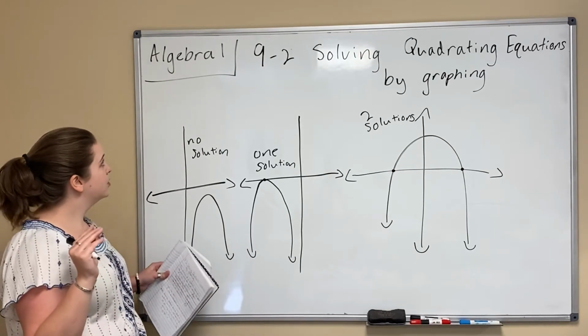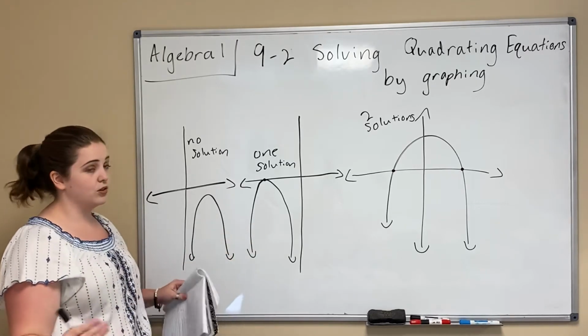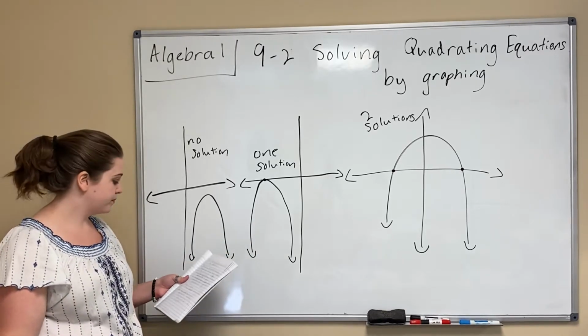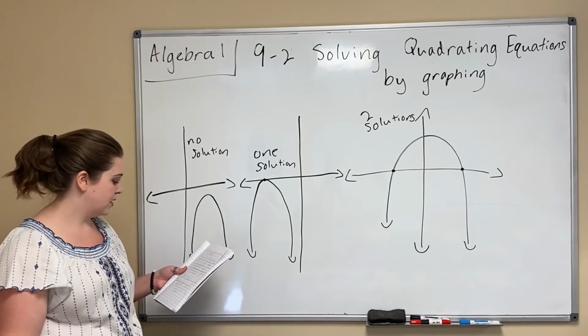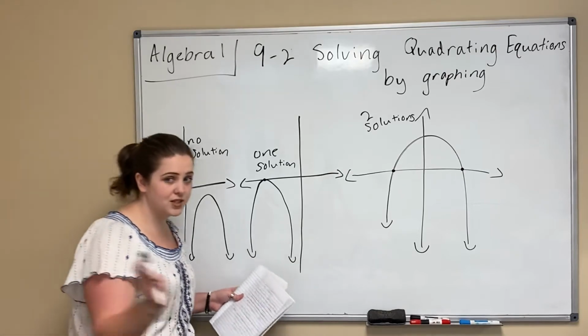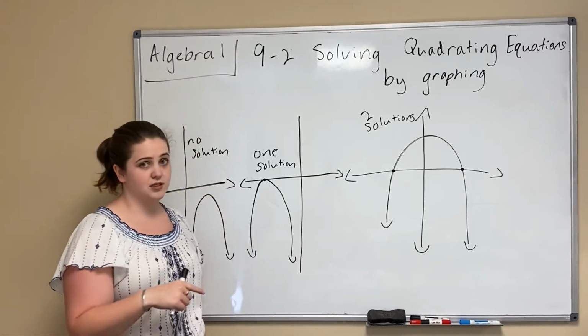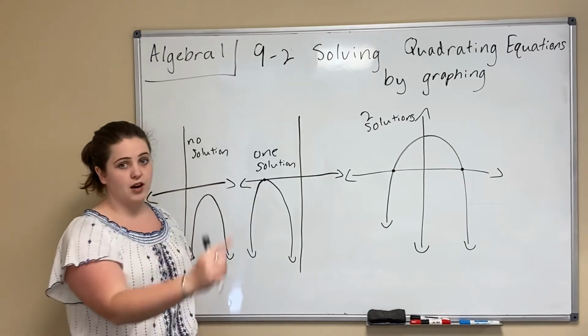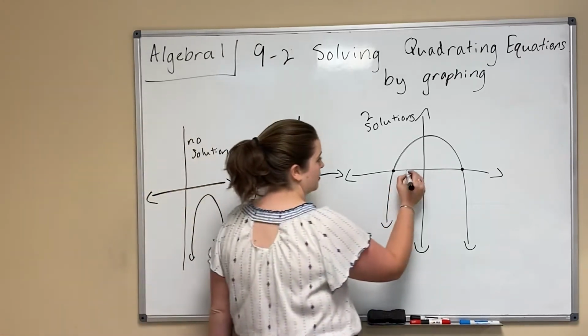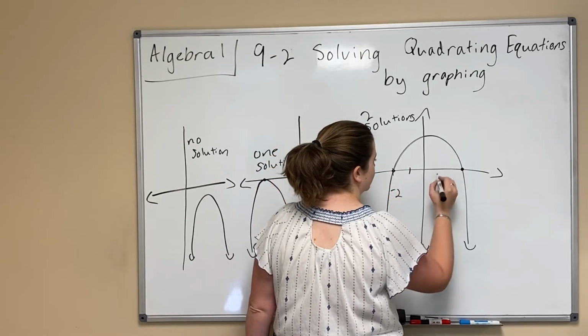In order to find those solutions, once you've graphed it, we're looking for the x-intercepts. So you're going to follow all of the same steps as we've followed the last few days, graphing these equations. Once you get it all graphed, you're going to look for whatever this value is. In this case, -2.